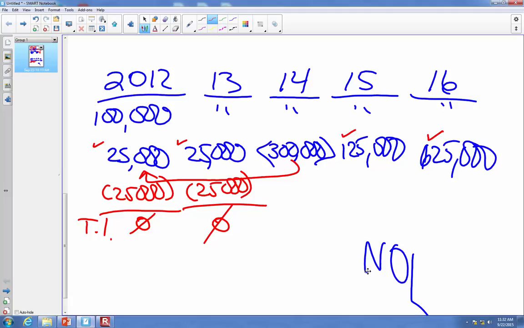$250. I had 300. I used 25. I used another 25. I got 250 left. What am I going to do when I file my 2015 tax return? What's my taxable income this year? 0. How much do I have to carry forward to 2016? 175, 125, right?